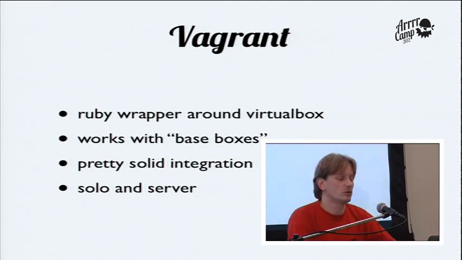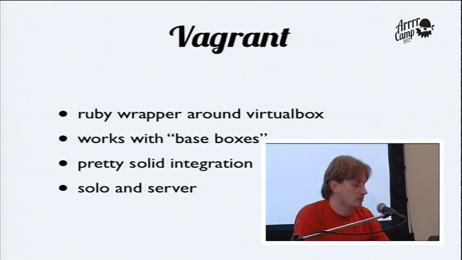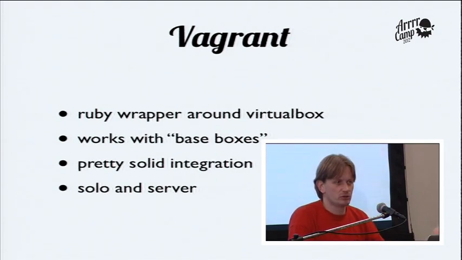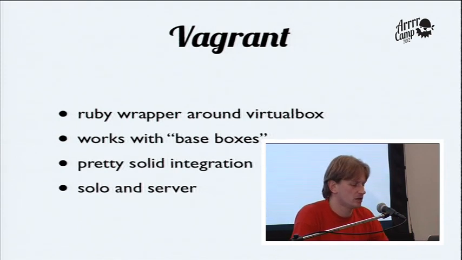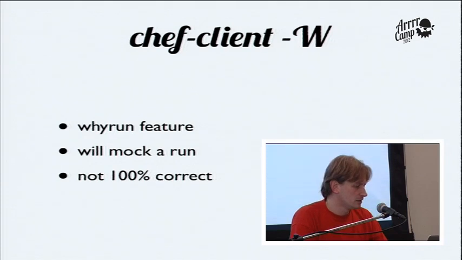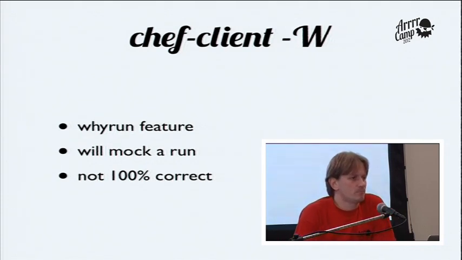You can actually, from Vagrant, ask it to reprovision your machine, so it will rerun your tests. You don't have to go into the machine. And it can either work with solo or also with the central server. A bit harder, but that's it. Vagrant I will use in a minute, so we will see how this works. It's actually like a VirtualBox machine, but then easier.